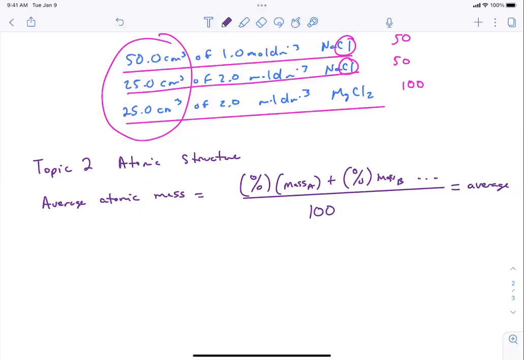You don't divide by 3 or the number of isotopes because the percentage already factors in the weighted average of it. So you just divide by 100 because that 100 fixes all the decimals of the percentages. So I just do whatever percentage I'm given, multiply by the mass, plus whatever percentage I'm given multiplied by the mass, and then I divide that answer by 100, and it always works.